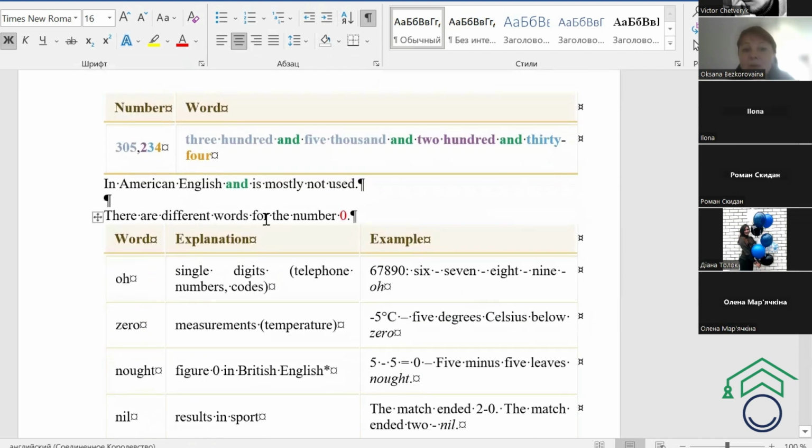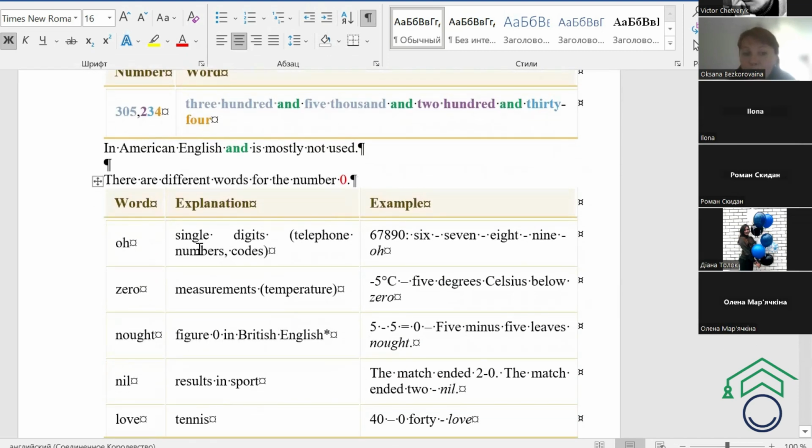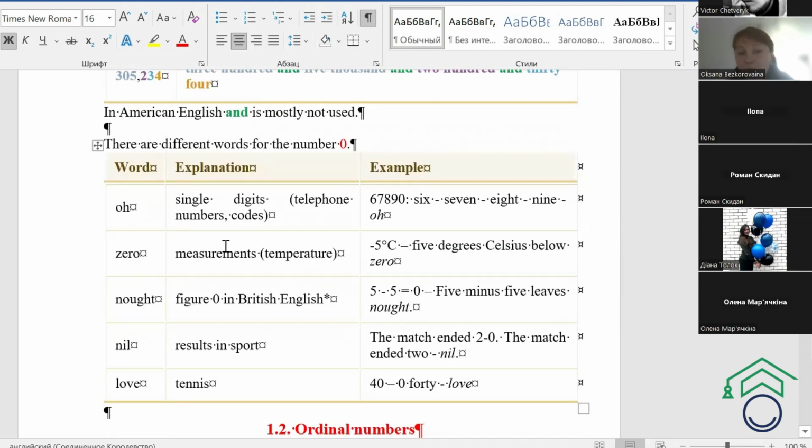So, there are different words for the number 0. We pronounce it as O in telephone numbers or codes. You know that we pronounce telephone numbers by separate numbers, 6, 7, 8, 9, 0. Zero, we use this word when we speak about measurements.